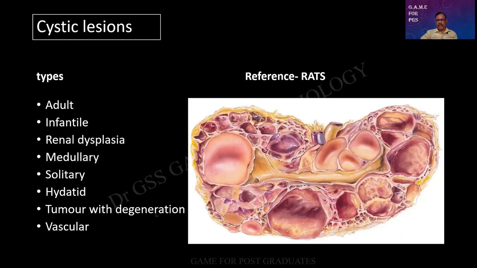There can be tumor with a cystic degeneration. Or there can be vascular lesions also. Please mention these. I would advise you people again to go back to the lecture in which I have described the cystic diseases, the development of the cyst, etc. It is for undergraduate that I had taken, but it would very well suit the needs of the postgraduate.